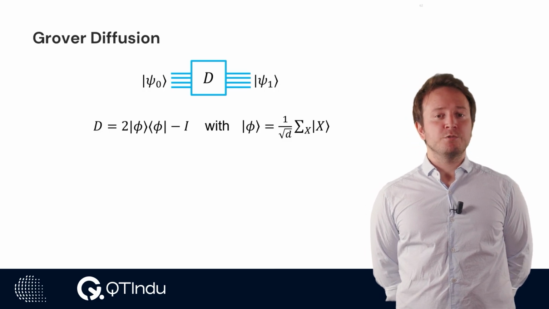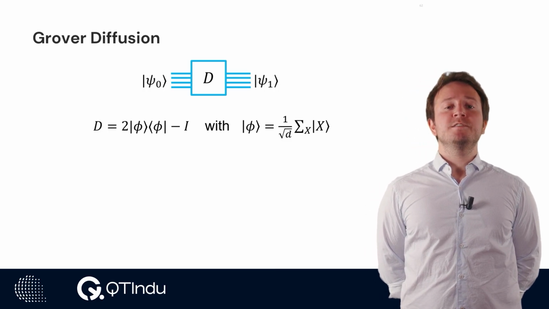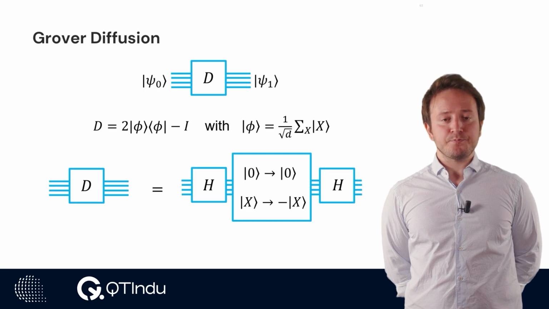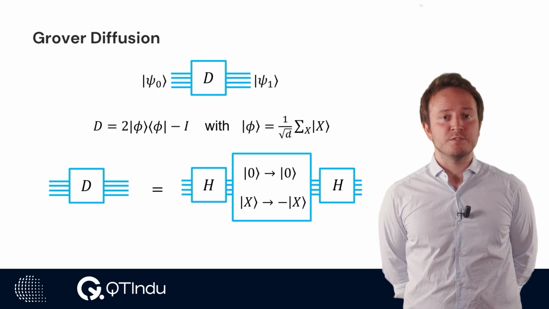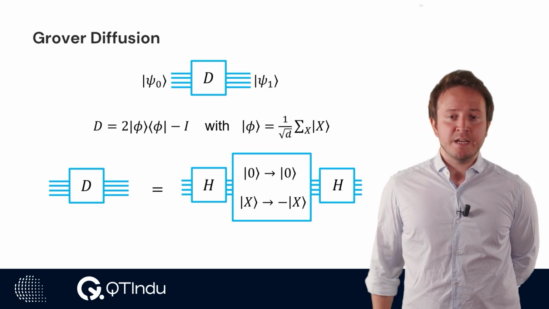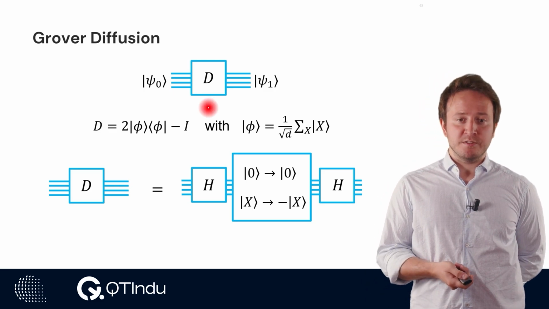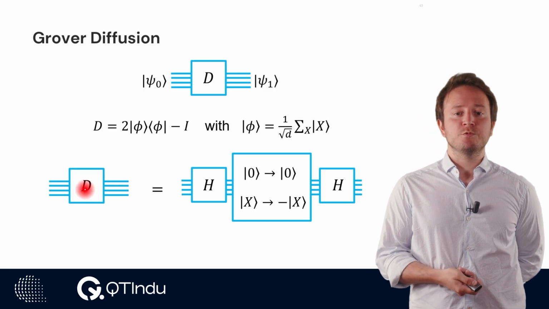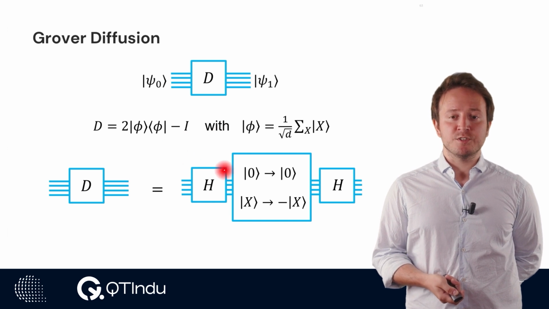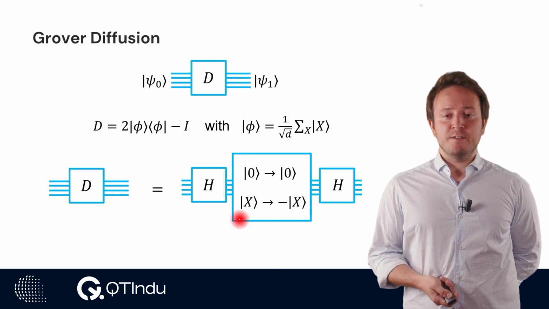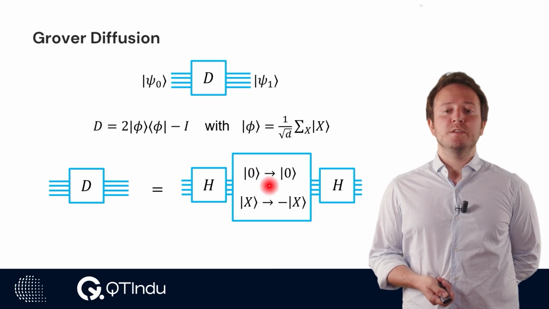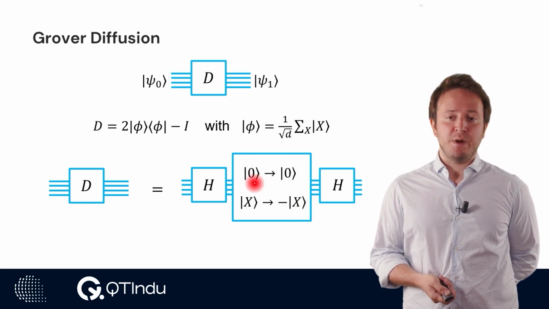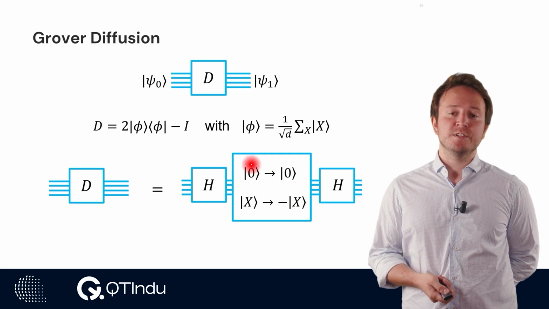Now, before trying to understand what this does, let us see how this Grover diffusion can be implemented. In particular, one can think of this quantum gate as a Hadamard transform followed by a phase shifter, where essentially all the states get a minus sign except for the 0 state.